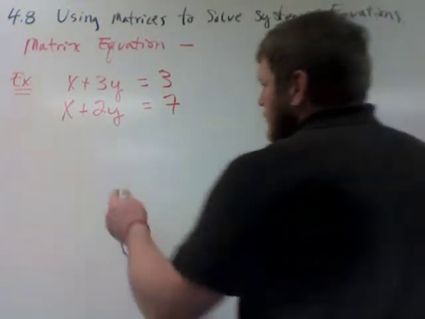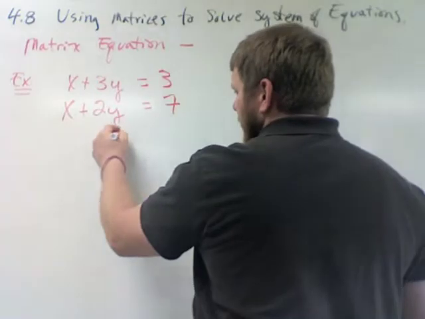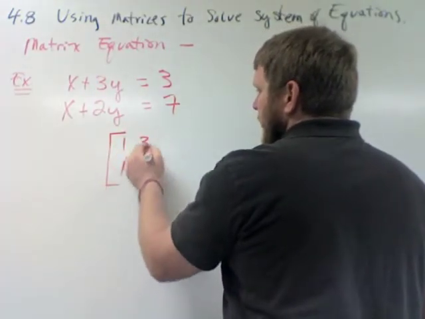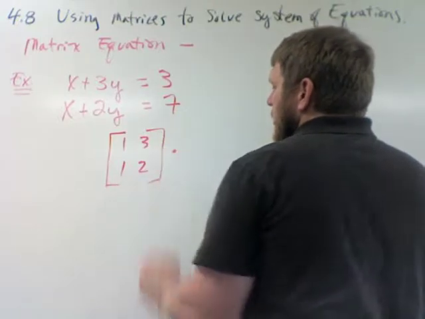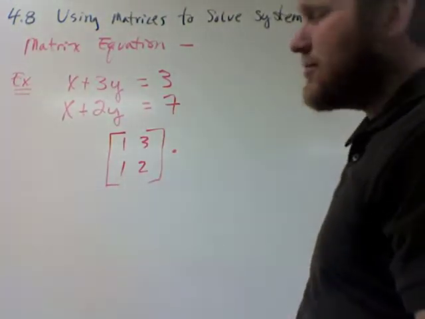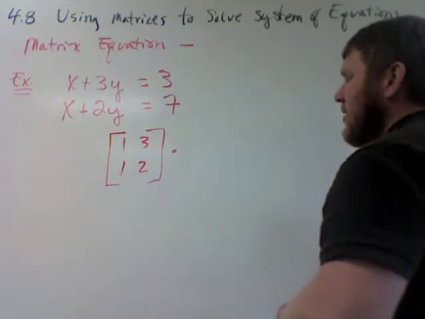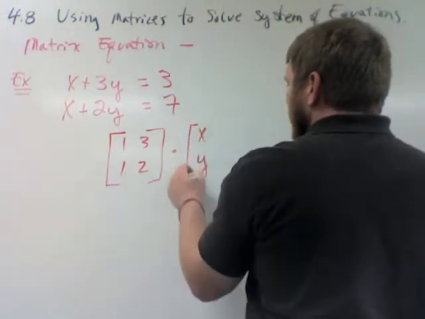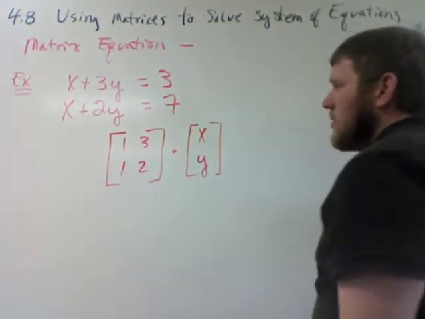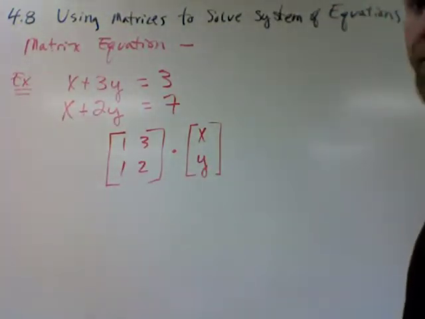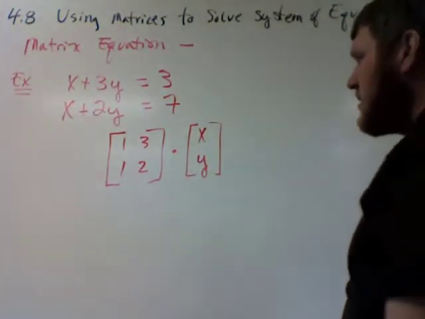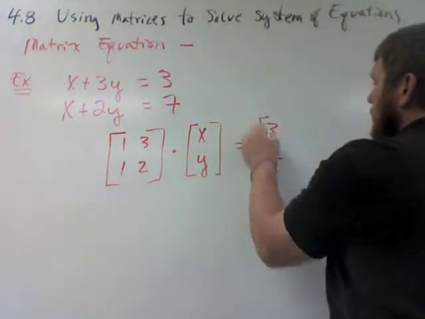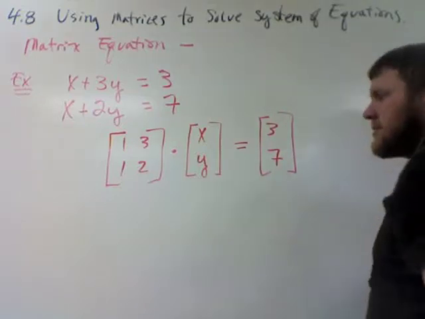My first one here is going to be the coefficient matrix, which should be fairly easy in this case. I take that times what I call the variable matrix, which I write like this. So I take row times column, and that's what I end up getting. Then that equals what I call the solution matrix.